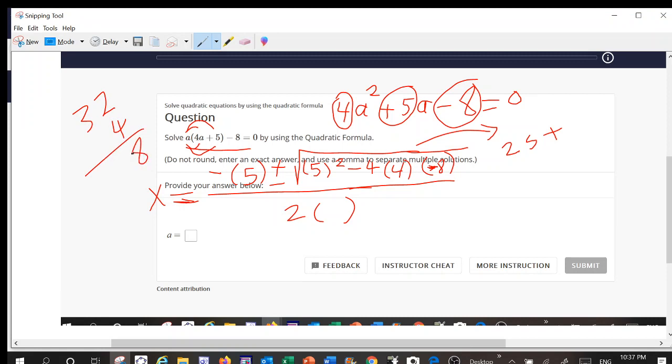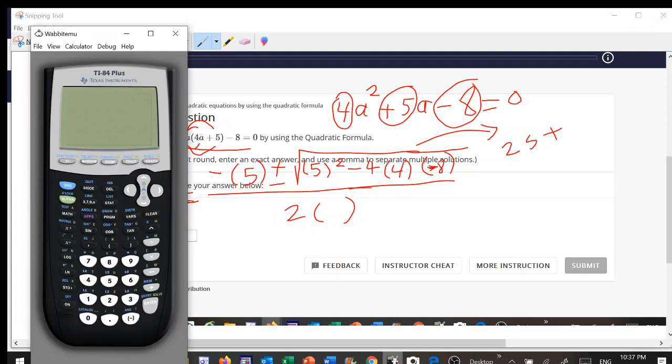That's one way you can do it. But another way you can do it, you can easily use a calculator to do the arithmetic so you don't make a mistake. So square root of, well, you could do it directly. 25 minus 4 times 4 times negative 8. There.